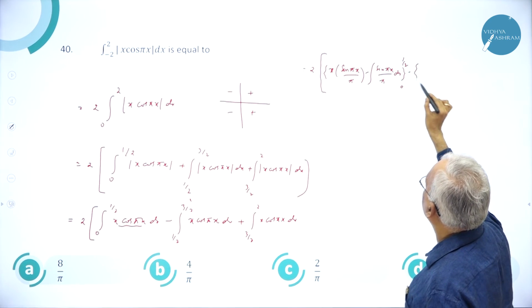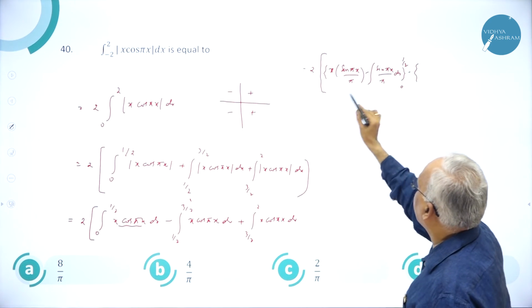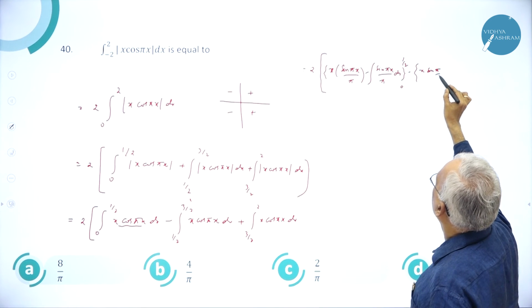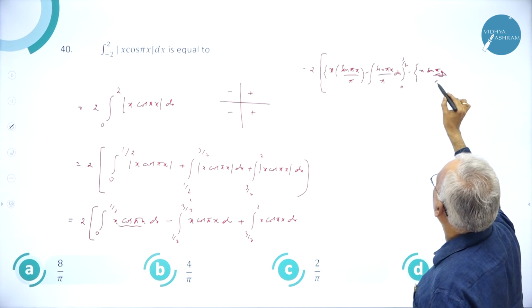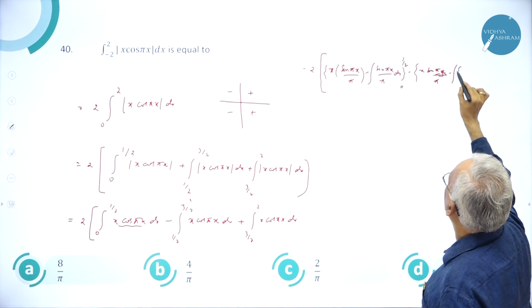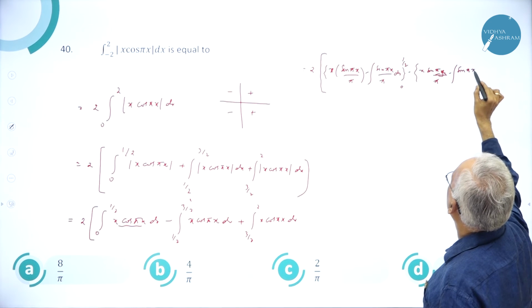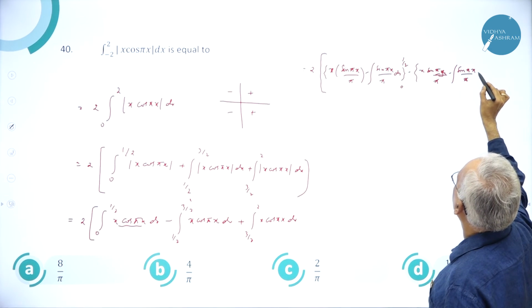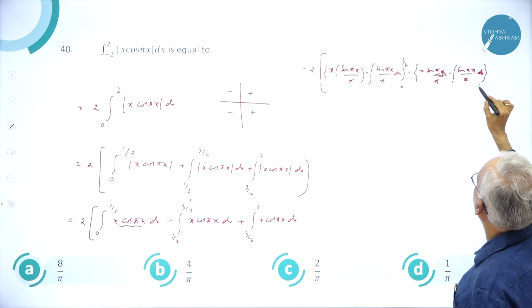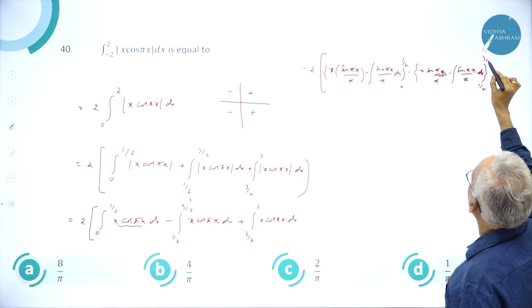Minus, next again, this one. Same thing. x into sin pi x divided by pi, minus integral of sin pi x divided by pi into dx between 1 by 2 and 3 by 2.